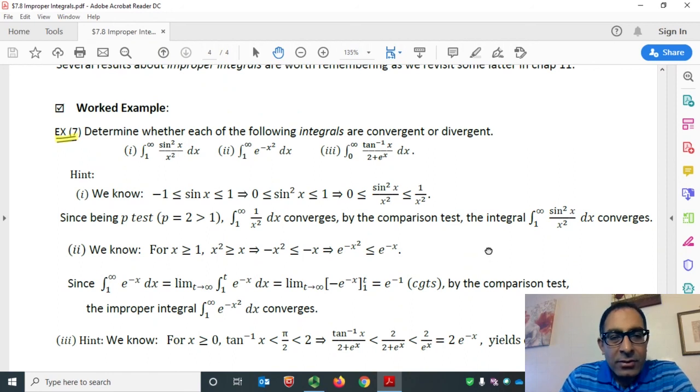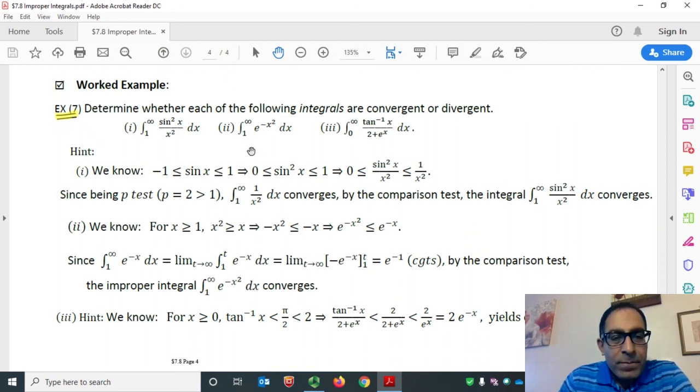Next, example 2. Evaluate the improper integral of e to the power negative x square from 1 to infinity. So let me establish an inequality and then apply the comparison test. For x greater than or equal to 1, x square is greater than or equal to x.